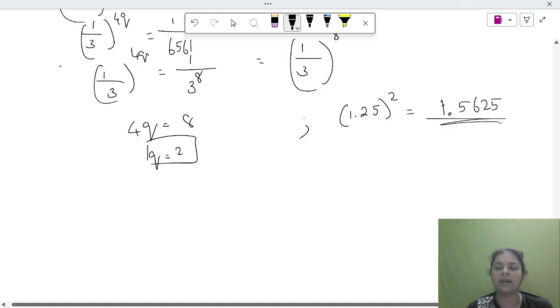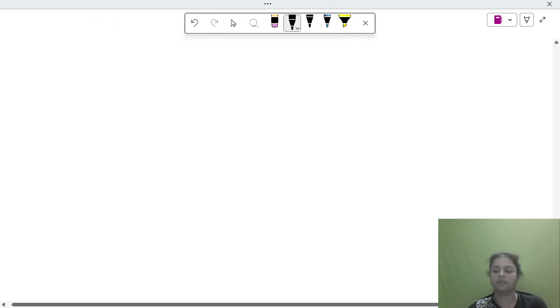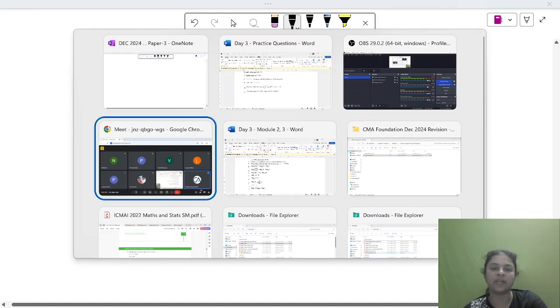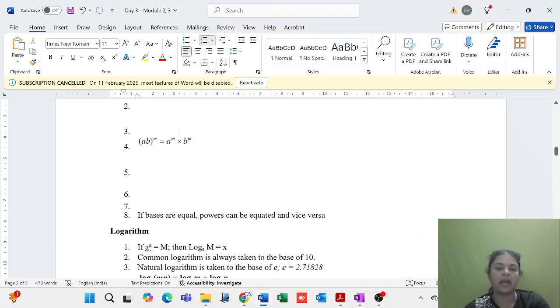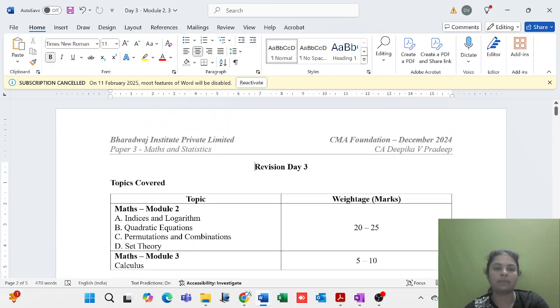So with this we complete the first chapter of module 2, which is indices and logarithms. The next two important chapters are quadratic equations and permutation combinations.